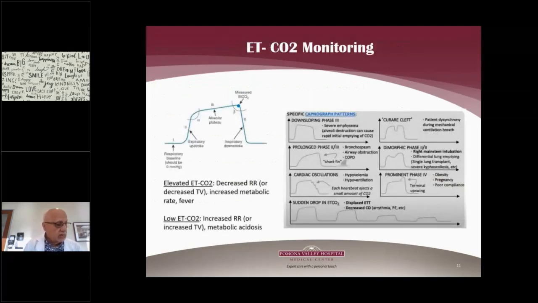For monitoring, you are definitely going to be monitoring pulse oximetry, blood pressure, etc., and also end-tidal CO2. End-tidal CO2 helps you get an early idea of what's going on with the patient if the pattern and the graphics suddenly change.